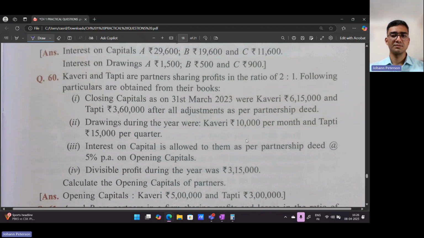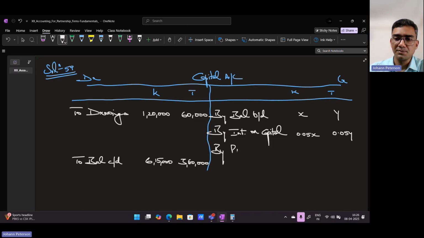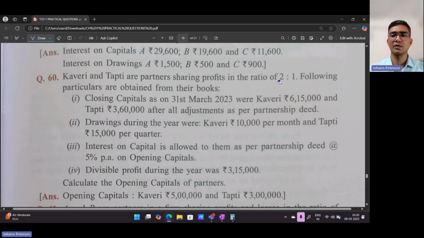What else is given to us? Divisible profit during the year was 3,15,000. So when we have divisible profit, we write by P&L appropriation account. And here it is 3,15,000 and the ratio given is 2:1.